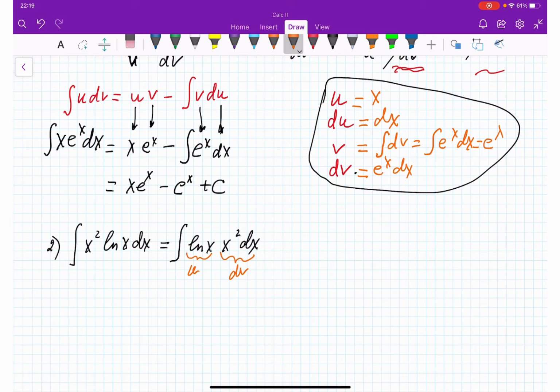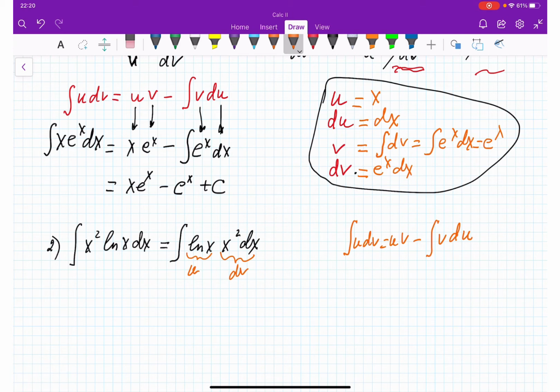Also, I want to invite your attention. When we use the formula integral u dv is equal uv minus integral v du, don't forget, here we're going to take another integral. So you have to remember that also and try to make it a less complicated case for your integral, so it will be easy on you. If you take logarithm x dx, it's going to be logarithm x, right?